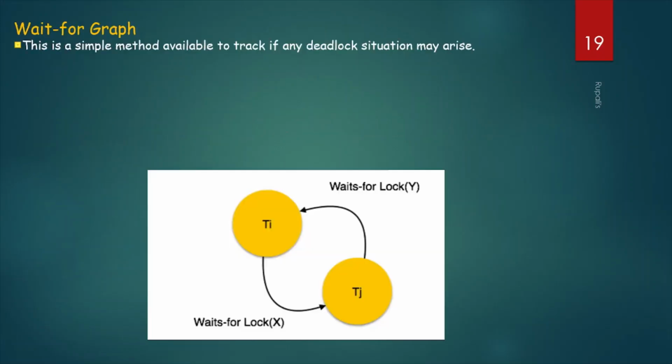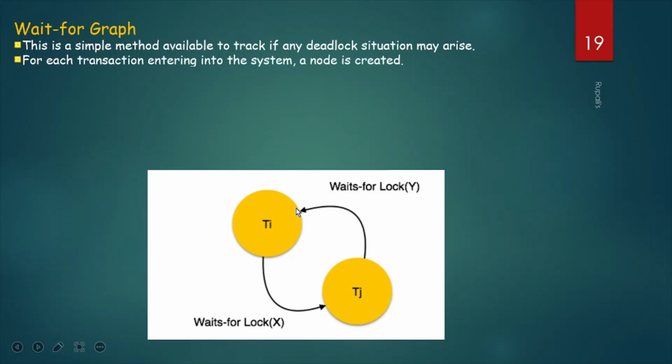So what is a Wait-for Graph? This is a simple method available to track whether any deadlock occurs in our system or not. For each transaction entering the system, we create one node.